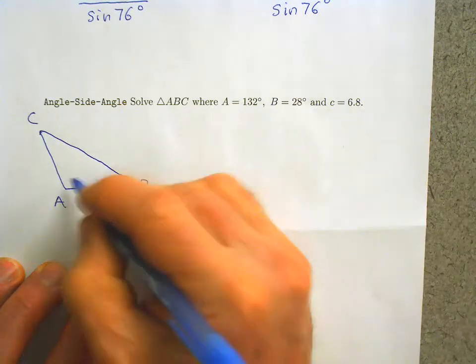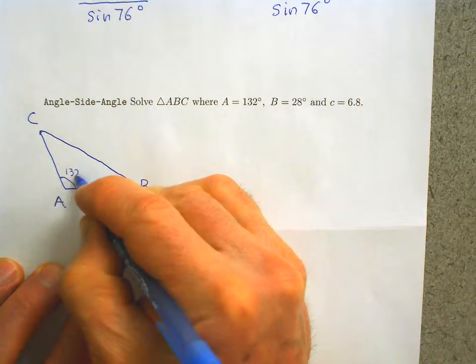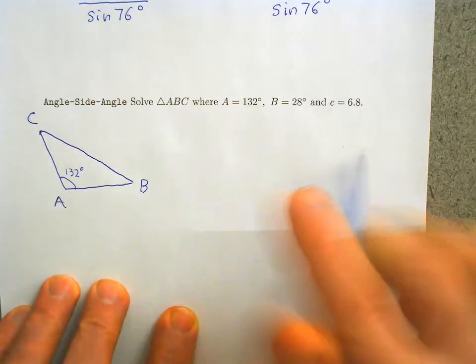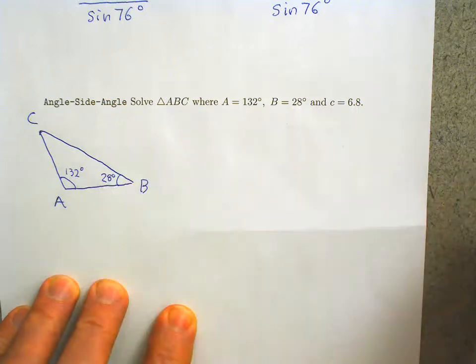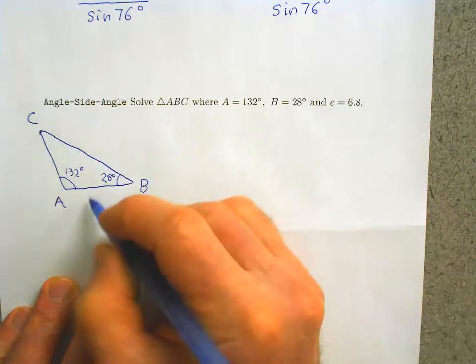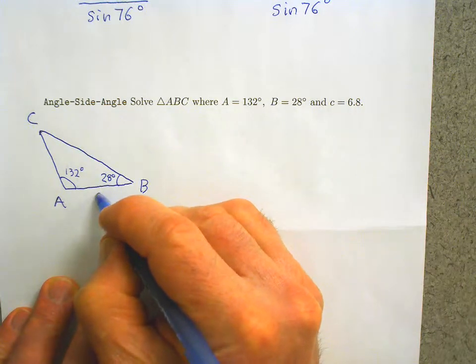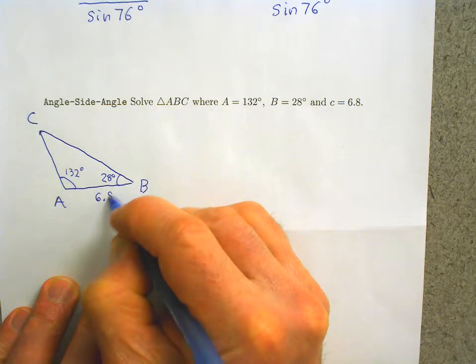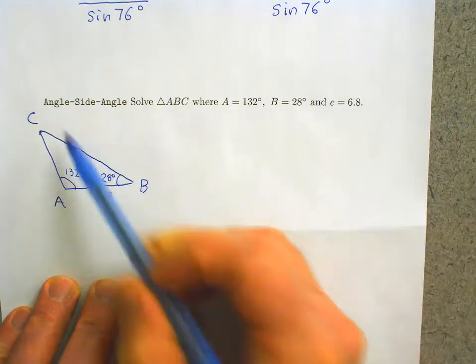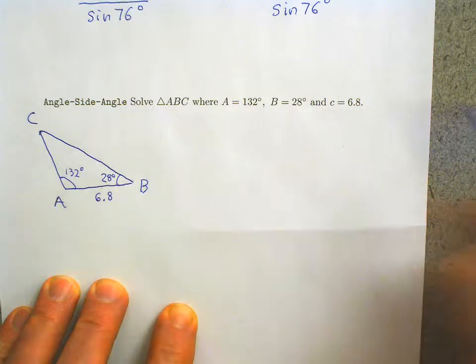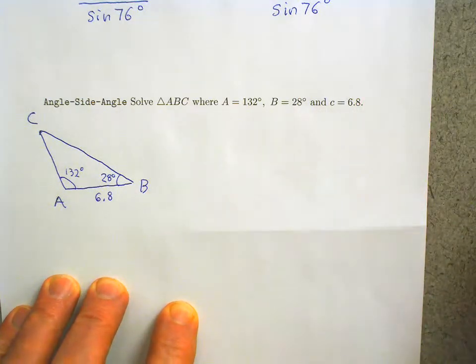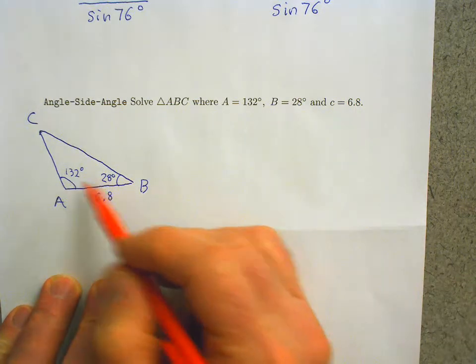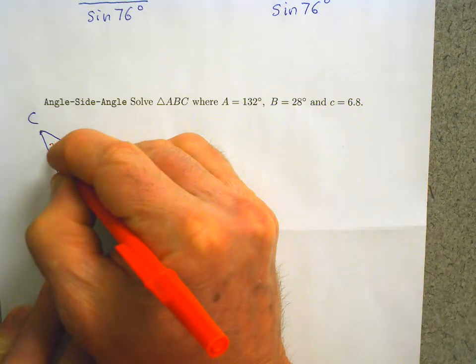And angle A is 132 degrees. B is 28 degrees. And C is 6.8. Well, with two angles known, we also know the third angle because they have to add up to 180 degrees. So that means this angle is 20 degrees.